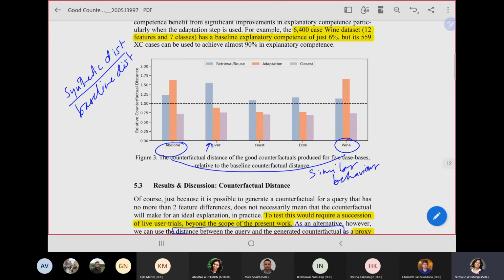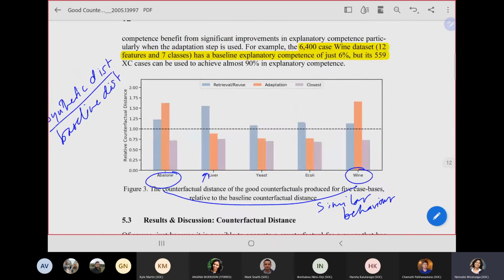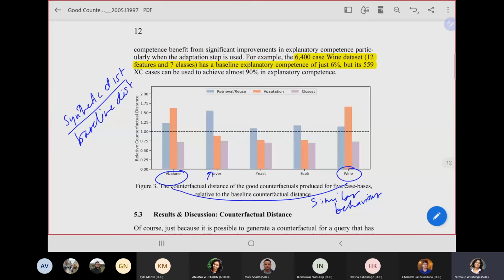Then I guess this one is basically trying to prove that, okay, by introducing these new counterfactuals, how close are the counterfactuals to their own queries? And what they show here is they do retrieval or reuse, adaptation, or out of these two, they pick the closest one.